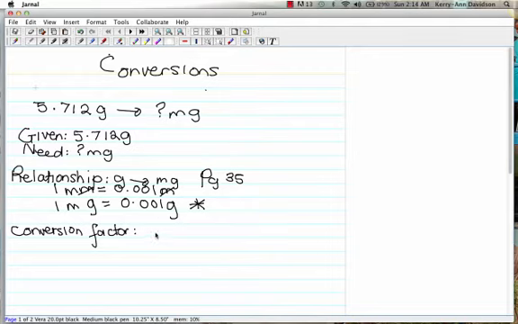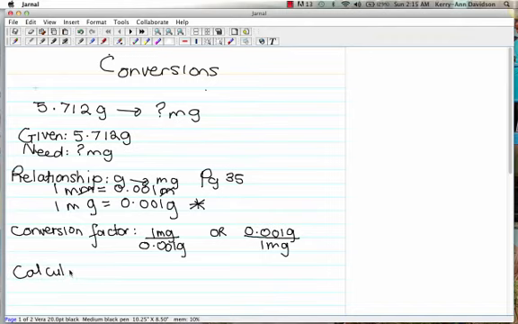So therefore, 1 milligram, I'm using the relationship now, divided by 0.001 grams, or it could be 0.001 grams divided by 1 milligram. I got it from the relationship, okay? That's where I got it from. So now I have everything that I need to solve my problem.